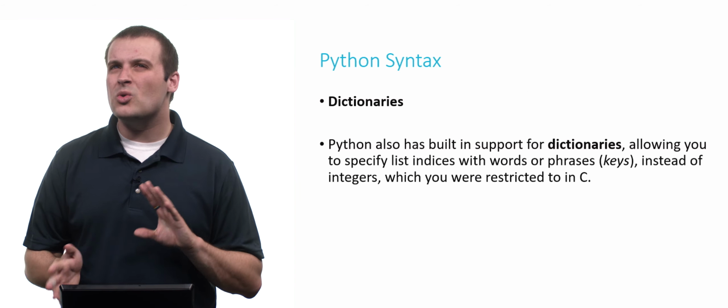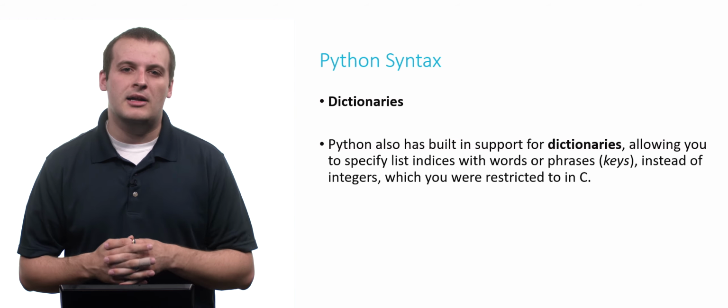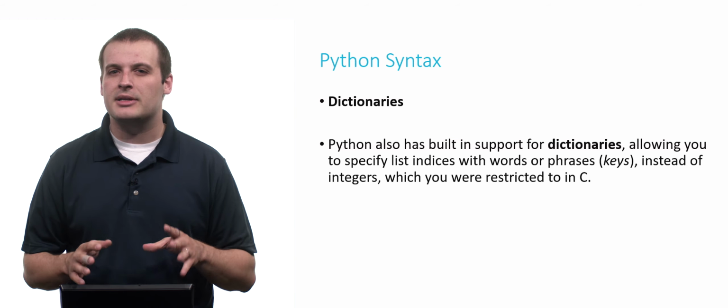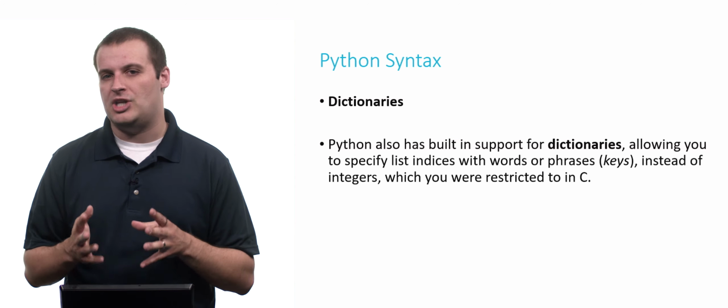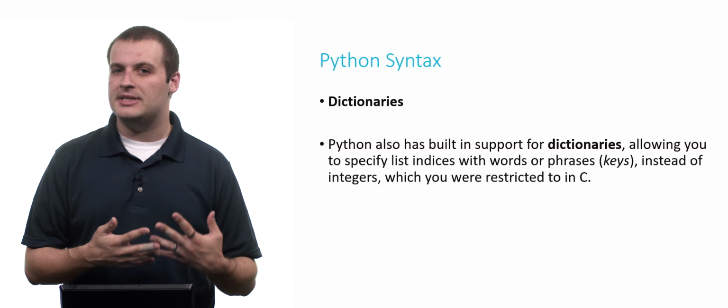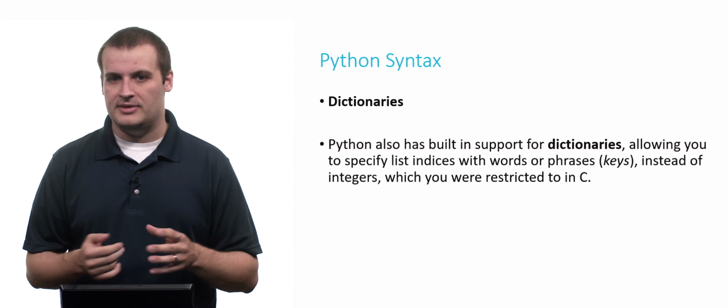Another thing that we're sort of familiar with in C, although it's not native, we had to build it ourselves, is the concept of a dictionary. Now, dictionaries generally are close in spirit to the concept of a hash table. And remember, hash tables were not native to C, although they are native to a lot of programming languages. We had to build it ourselves.